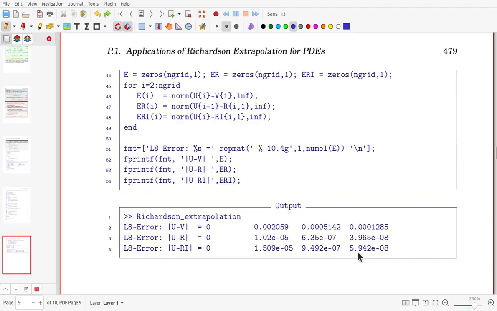Like this one is larger, so you cannot apply the technique recursively. Of course, when you are using cubic spline, there's some possibility of applying the Richardson extrapolation to get sixth order solutions. However, it will not be easy.